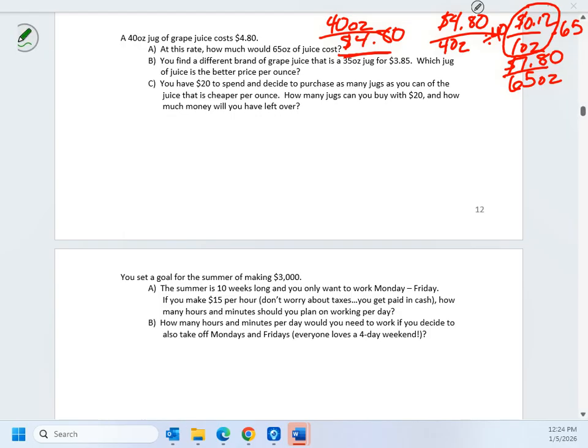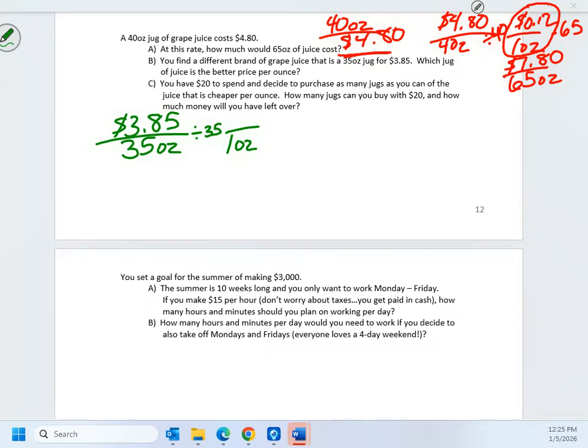So I know it's $3.85 for 35 ounces. What do I have to do? Clara? Divide, want to divide both by 35? Yeah, because I want to go down to 1 ounce. What is $3.85 divided by 35? Finley?